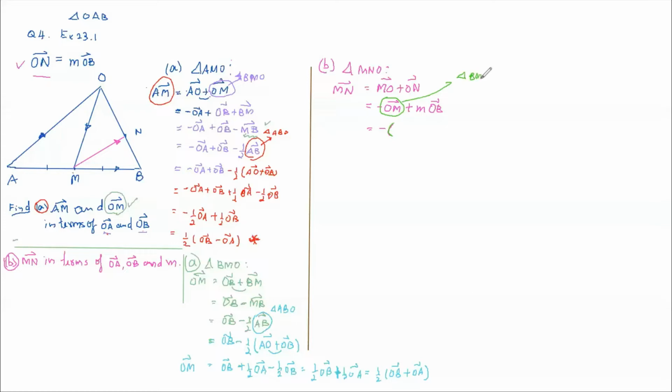Start from O, so OB plus BM. B is the common point. So OM equals OB plus BM, and then this becomes vector OB minus BM, plus m times OB.